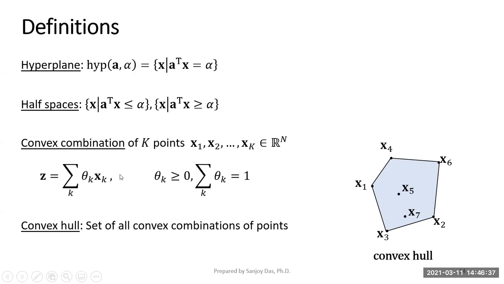In fact, you can easily show that if 2 points Z1 and Z2 are convex combinations of these x's, then any combination of Z1 and Z2 with theta Z1 plus 1 minus theta Z2 will also lie in the convex hull. That's how you prove that this convex hull is indeed convex.